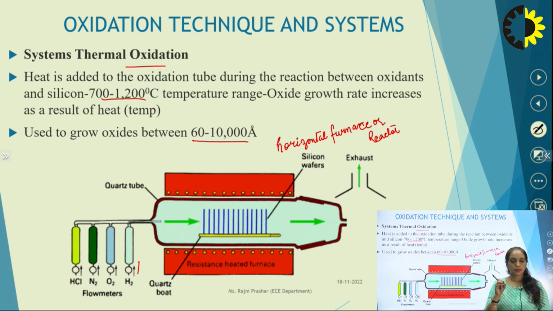So a very small amount of oxygen will react with the wafer, and it will form the oxide layer before the actual oxidation process starts. Okay, so before oxidation starts, we pass the nitrogen gas inside the chamber. It behaves as an inert gas. It will not react with the silicon, and when this temperature is achieved, then only your oxygen will be passed.